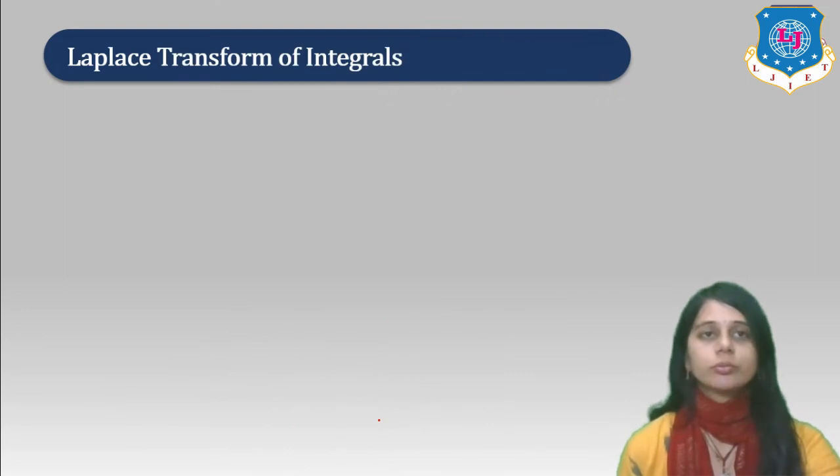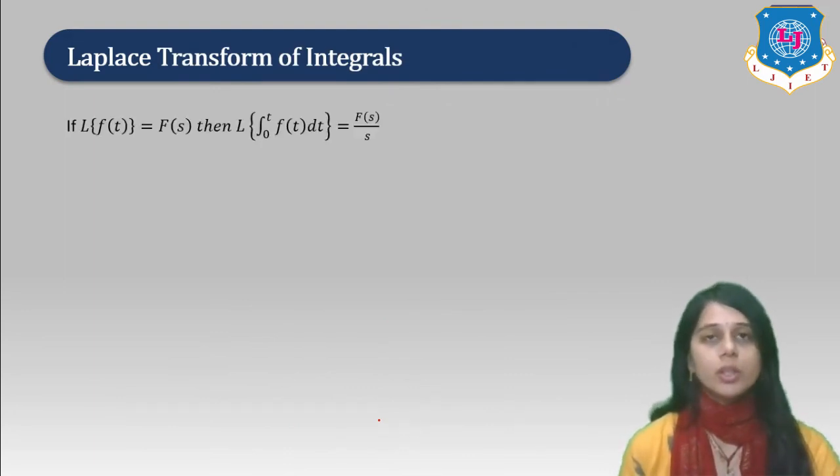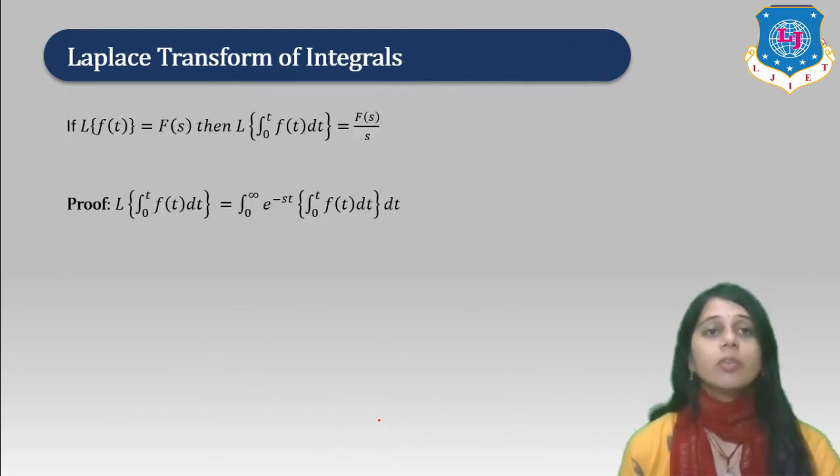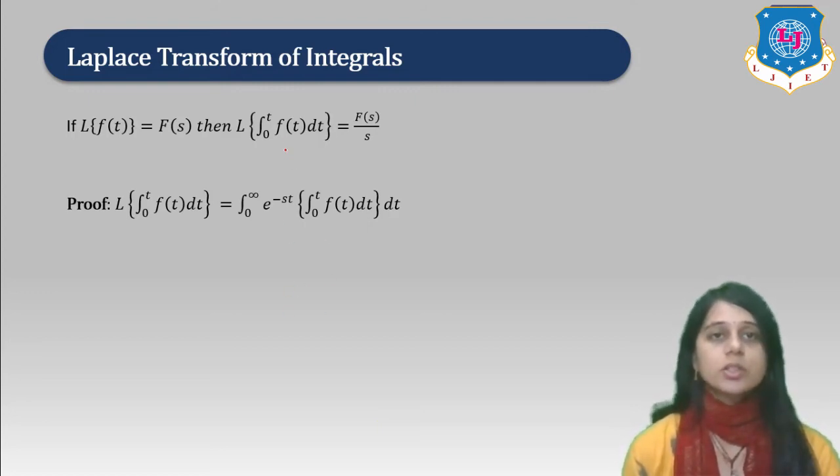Next, Laplace transform of integrals. If Laplace of f(t) equals F(s), then Laplace of the integral from 0 to t of f(t) dt is F(s) by s. Proof of this theorem: the integral from 0 to t of f(t) dt.